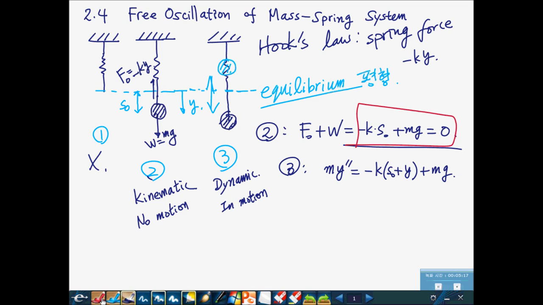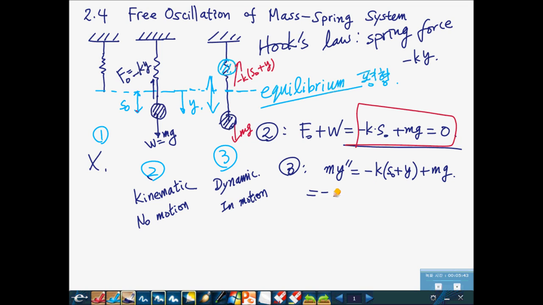So from here, the force acting on the spring is S naught plus whatever y it's moving, right? So it's minus k times (S naught plus y). That's the spring force, the spring reactive force, right? And still there's mg, okay? So the addition of those two is the resulting force, and that's it.